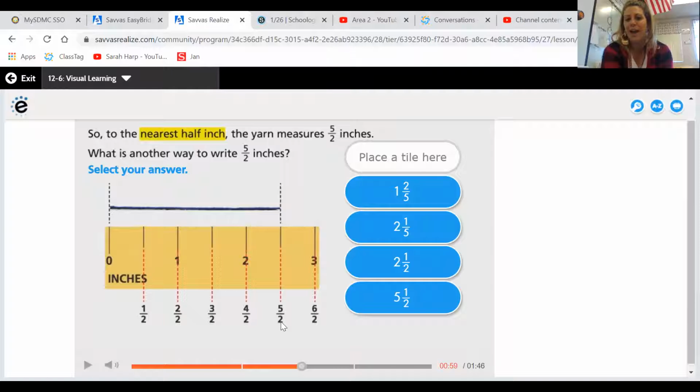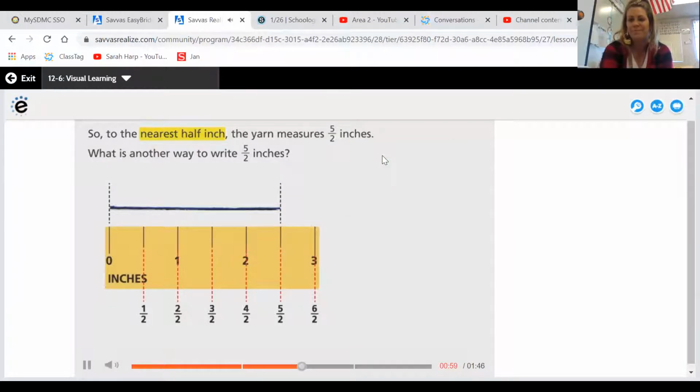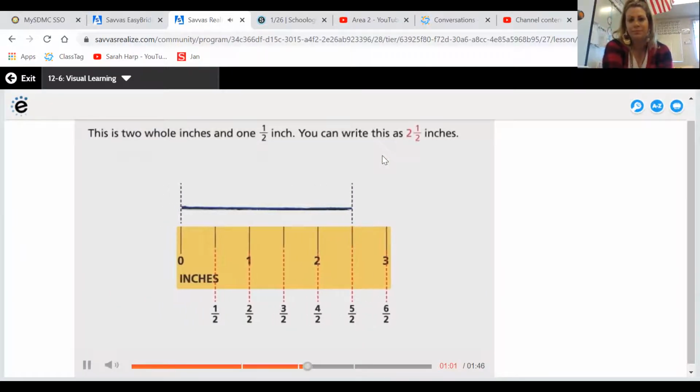So 5/2 is the same as 2 1/2. This is 2 whole inches and 1/2 inch. You can write this as 2 1/2 inches.